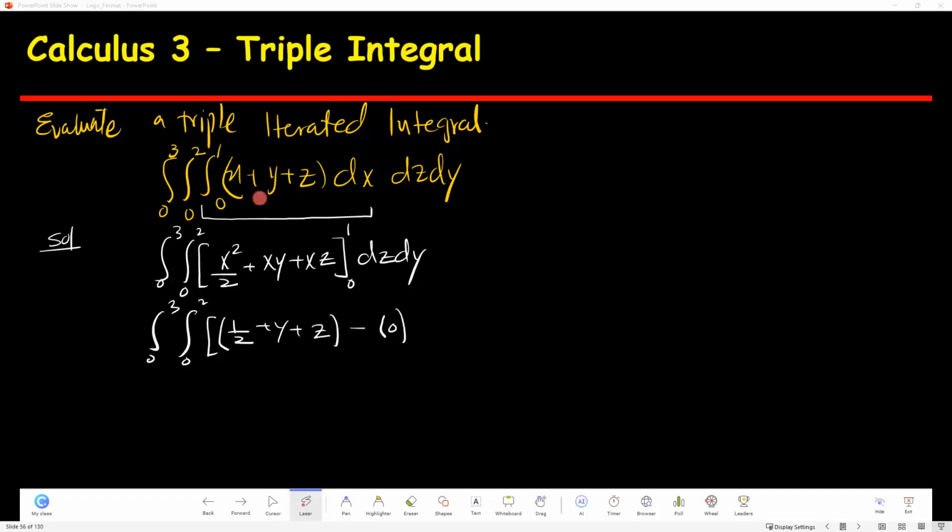The function is going to get more and more complicated or more and more simple based on the order of these differential operators or integral operators. So I'm going to be just continuing with this one.